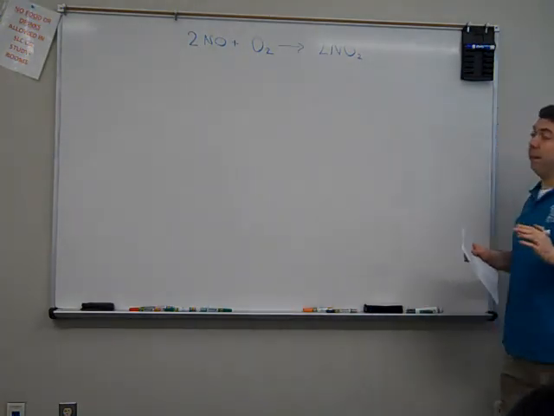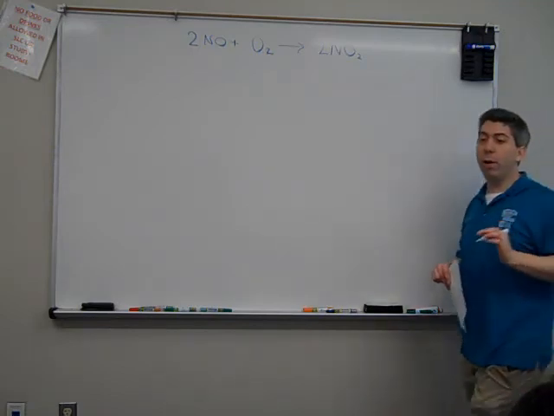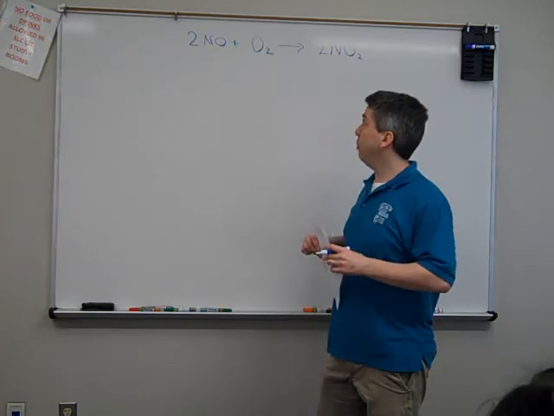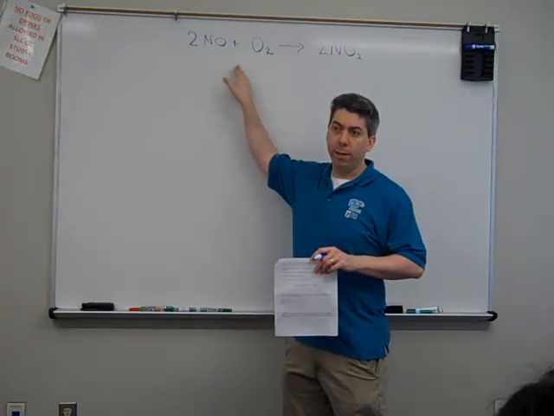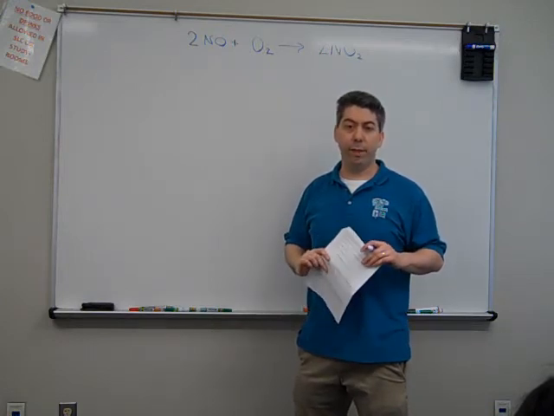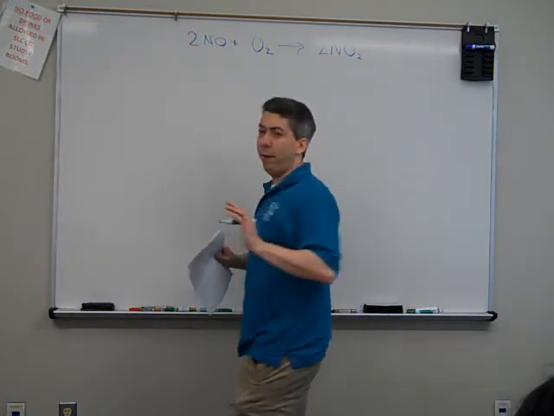In a case like this, you have to understand that rate law is given only in terms of the reactants. And there's no way to predict the rate law based on this. Because here's the thing. Let me paint a little picture for you.